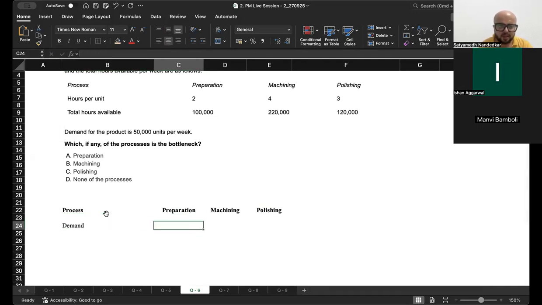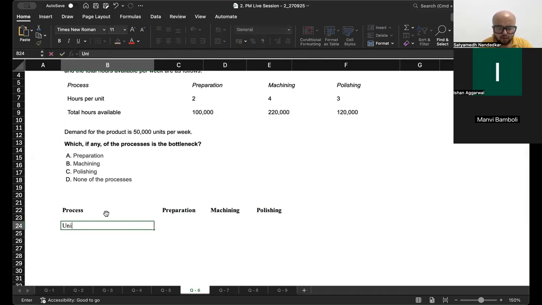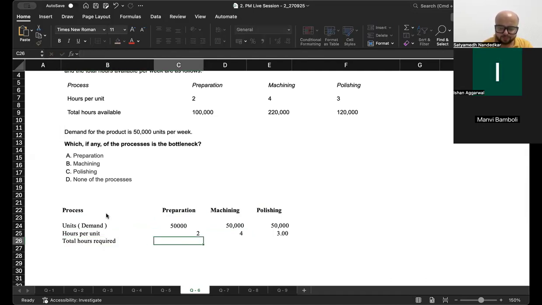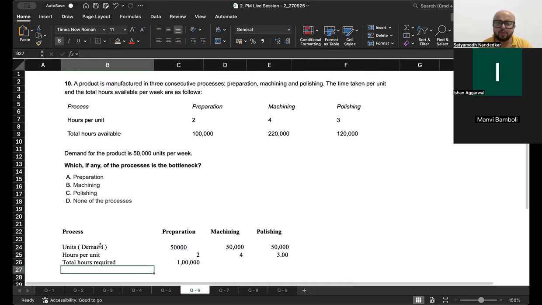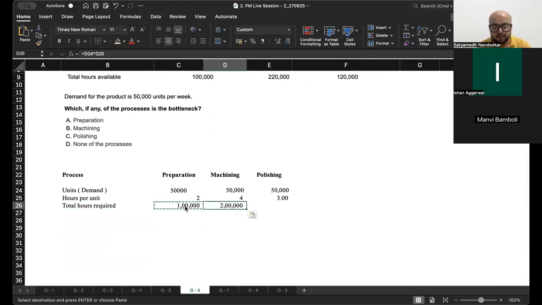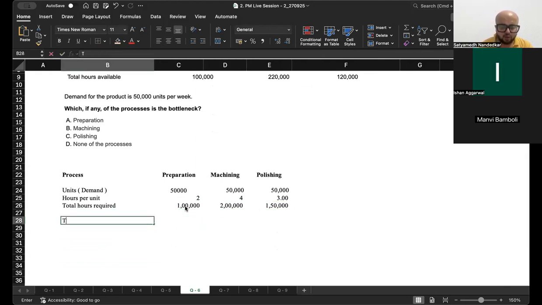Demand is 50,000. Okay. Now units demand 50,000, 50,000, 50,000. Okay. Hours per unit 2, 4 and 3. So total hours required. There are 3 different processes, but the demand is the same, meaning the demand is 50,000, so in all three processes the demand will remain the same, right? That will not change. Yes. Right? And what are the total hours available?